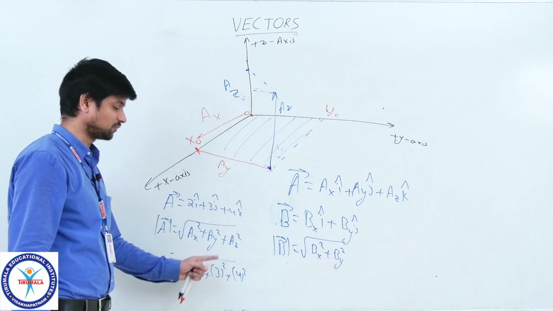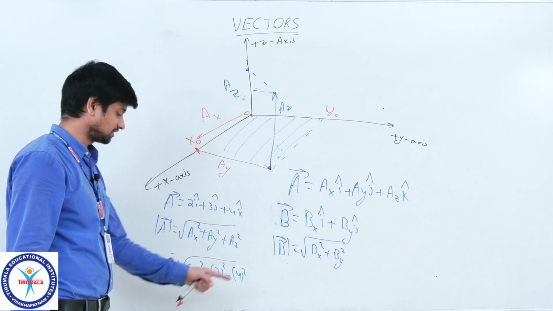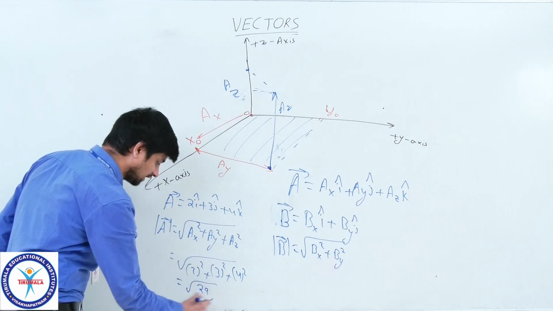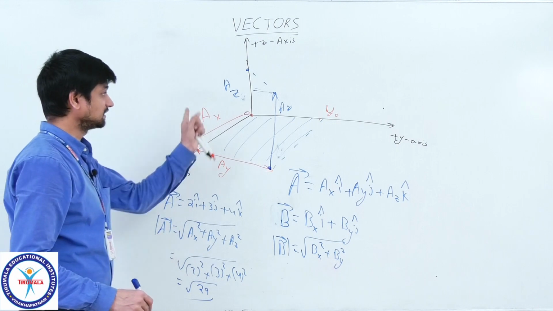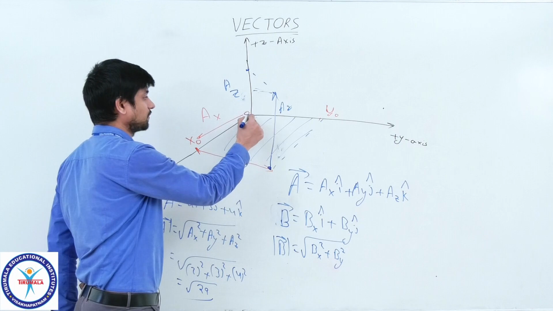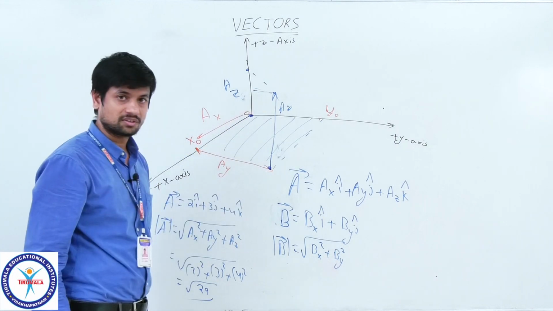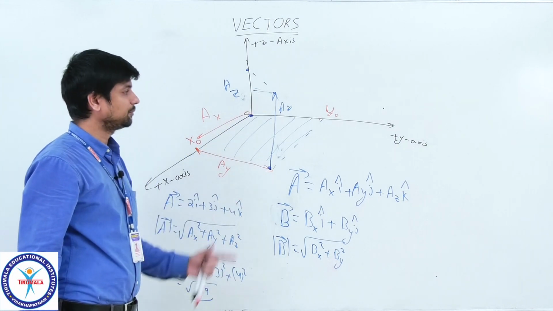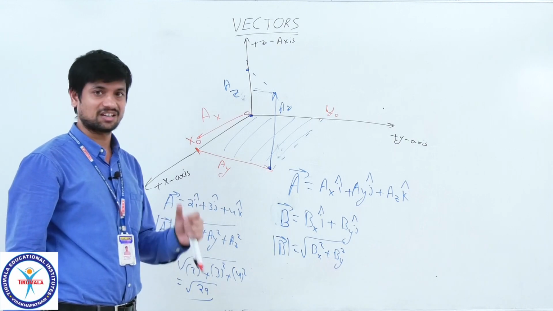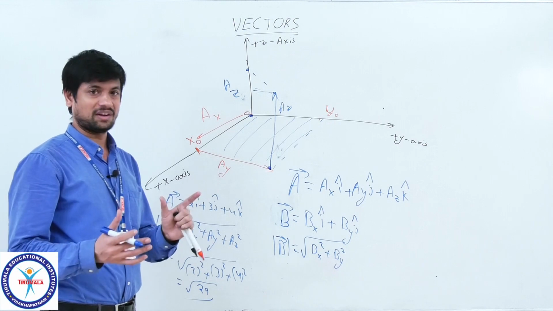So, 2 square 4, 3 square 9, 4 square 16, 9 plus 16 25 plus 4, root 29. How much? Root 29. So, this is the magnitude of the resultant vector, the resultant vector from here to there it forms. In this way we people are using the vector as a mathematical tool to understand any physical quantity, okay, with the reference frame.